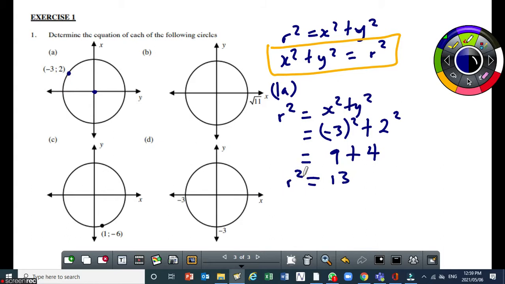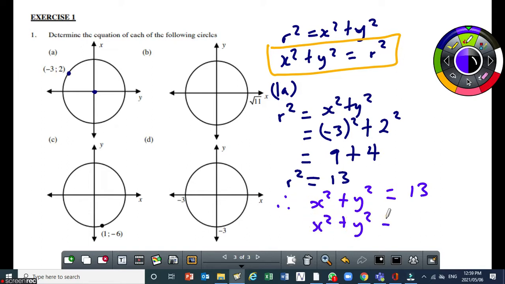What this means is that my equation is going to be x squared plus y squared. Now, when you write it, you can just put equal to 13 here, because that's equal to r squared. We can also write it as x squared plus y squared equal to the square root of 13, all squared.